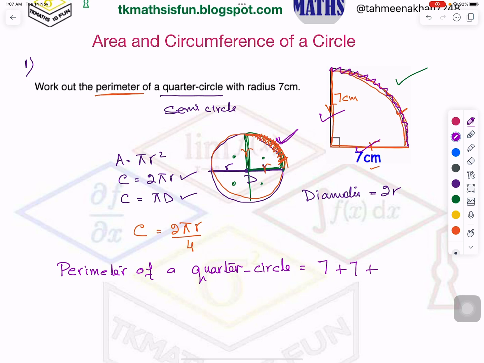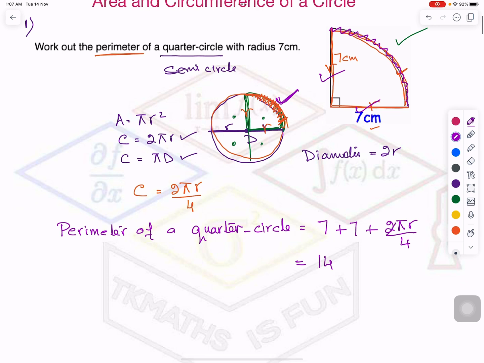I have explained the reason to you here. So I will write 2 pi r divided by 4, right? So 7 and 7 is 14. I can simplify here. And what is my r? R is my radius, which is 7 centimeter. So plus pi r is 7 divided by 2, because we have just simplified 2 and 4.